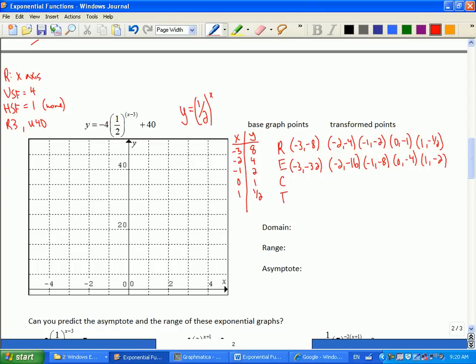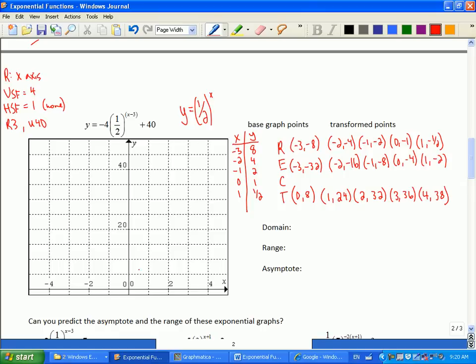And then I just have to do my translations, which is going to push this graph 40 up and 3 to the right. So that'll be 0 and 8, +1 and 24. And let's see here, that'll be +2 and 32. Then 3 and 36. And this is going to become 4 and 38.